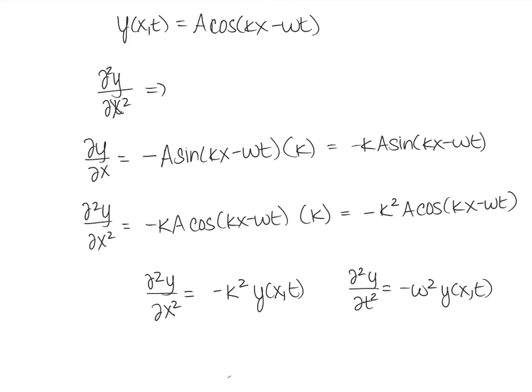Now let's remind ourselves of the wave equation, which was d squared y dx squared equal to 1 over v squared d squared y dt squared.